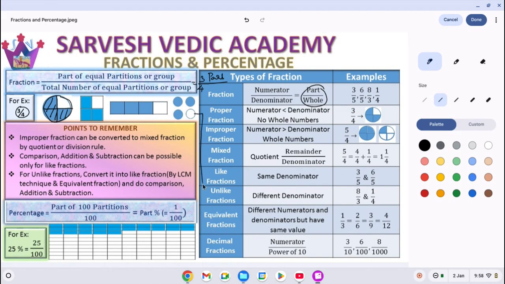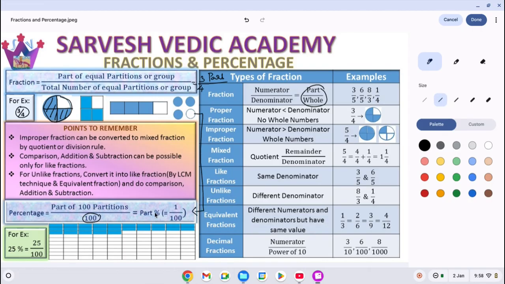Likewise, we can define percentage also. Percentage is nothing but out of 100 equal parts. So in percentage, the denominator always should be 100. Out of 100 equal parts, how many parts we are taking, how many parts we are shading, we can represent in the numerator.